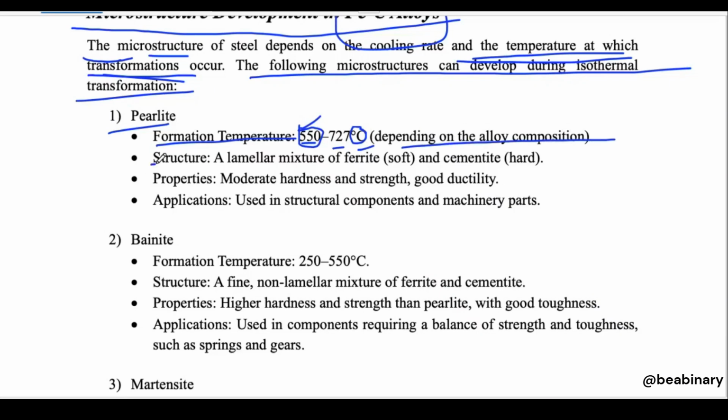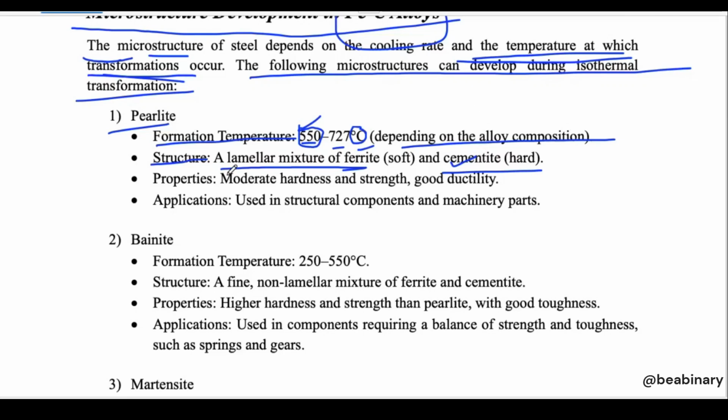What is the structure? A laminar mixture of ferrite, soft, and cementite, hard. We know that pearlite is a kind of sandwich material where ferrite and cementite are kept one over another: one layer of ferrite, then a layer of cementite, again a layer of ferrite, then a layer of cementite.